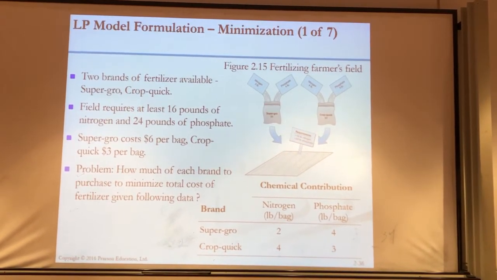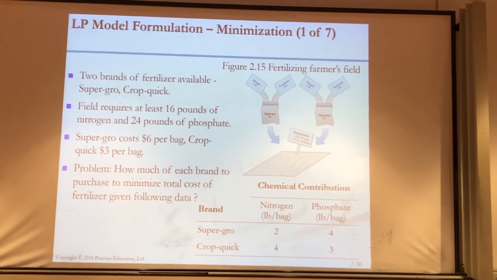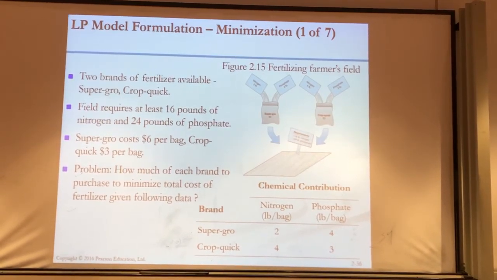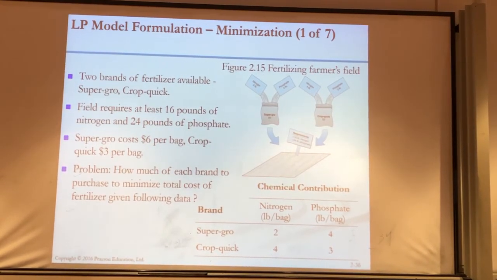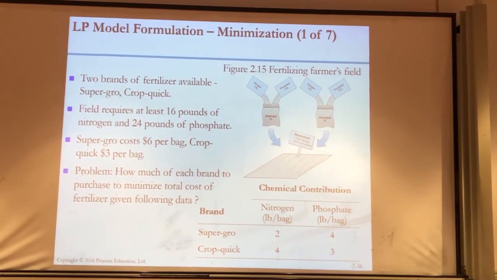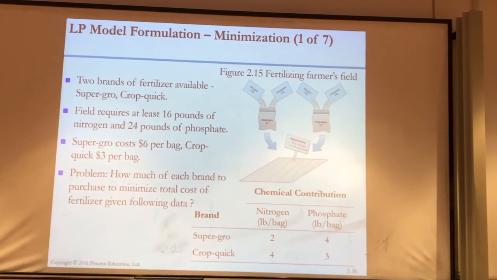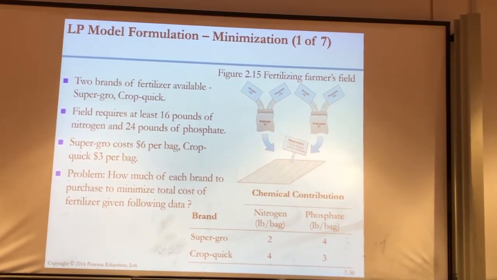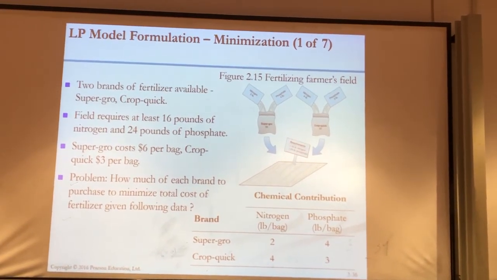Then our objective function is minimize z equals 6x1 plus 3x2, subject to two constraints, the nitrogen constraint and the phosphate constraint.